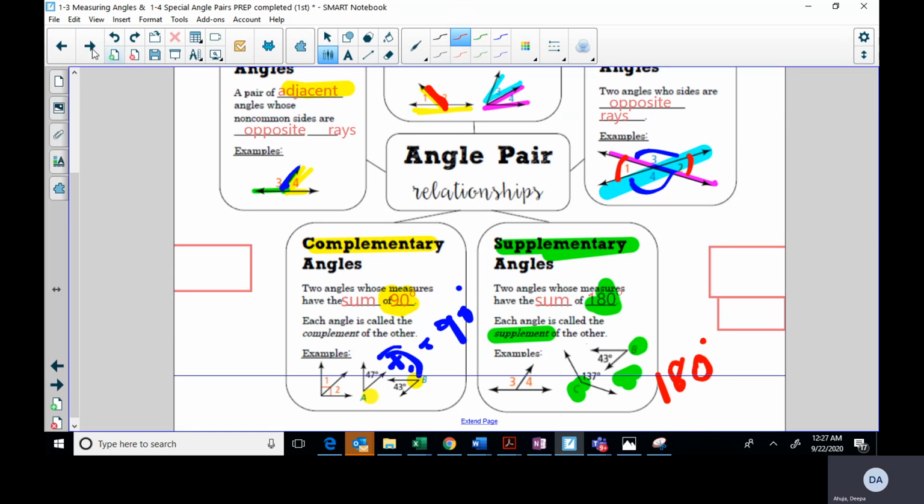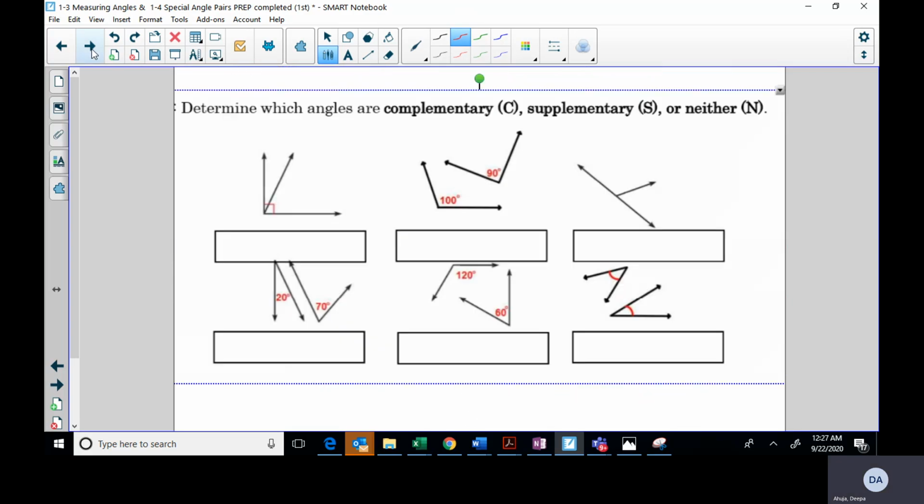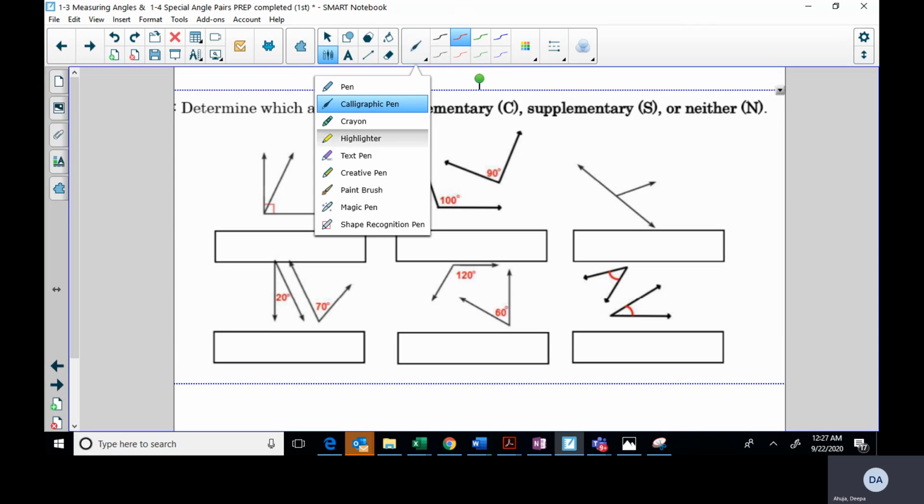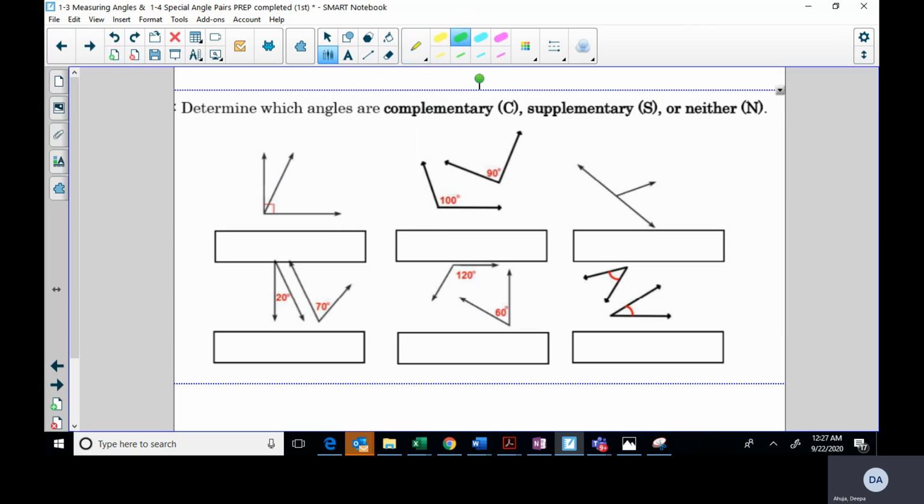Now, let's look at the examples in your notes. Just write C for complementary, S for supplementary, and N for neither. In geometry, remember the symbol of a square on the angle is always equal to 90 degrees.